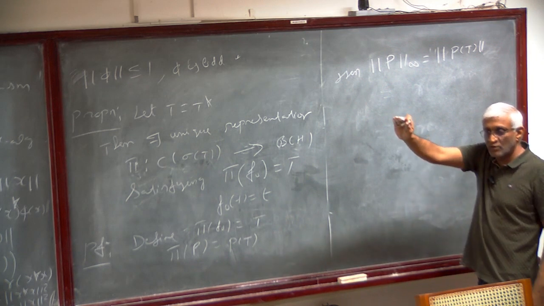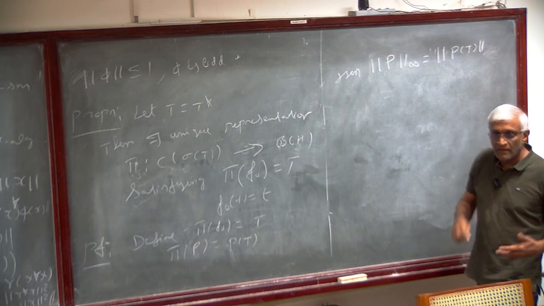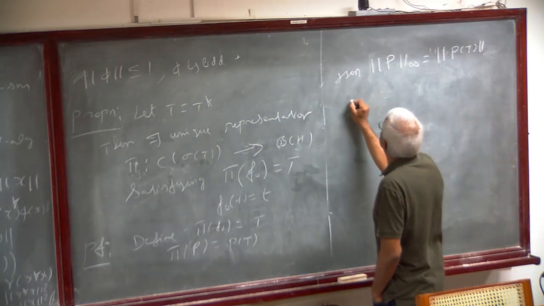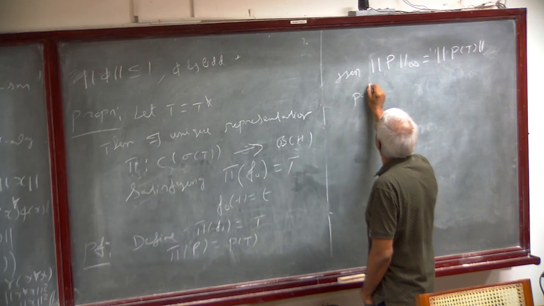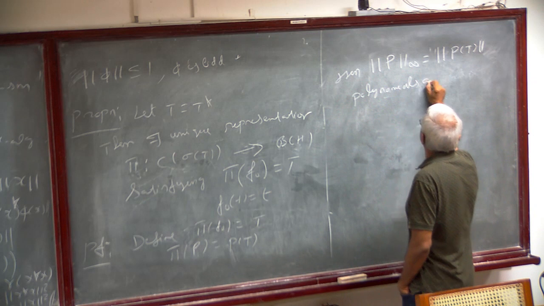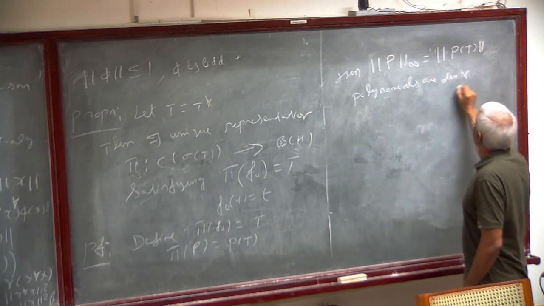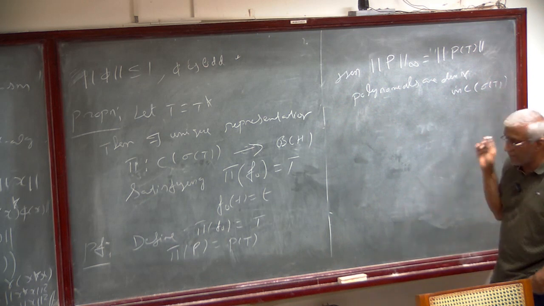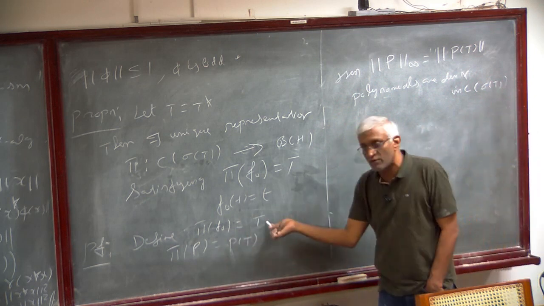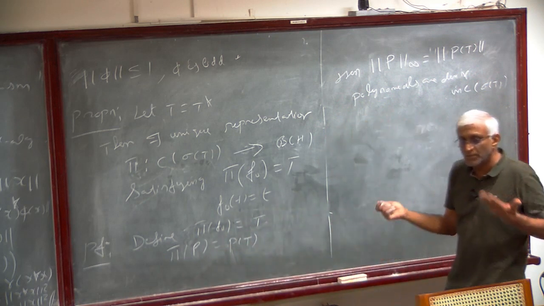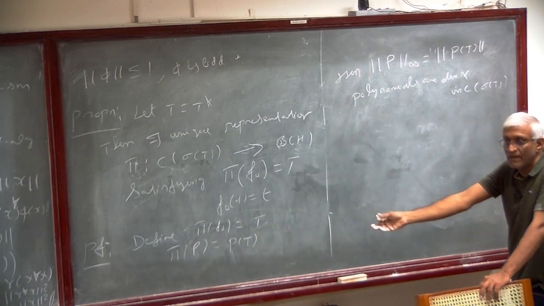So you can extend to the closure, right? Polynomials are dense in C of sigma T. On f naught, pi of f naught equals T. Pi of any polynomial will become p of T. Since polynomials are dense, this is just a linear map.